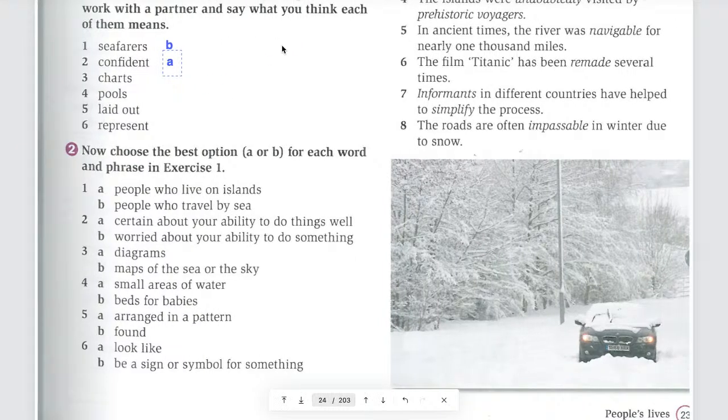Alright, now number 3, charts. Read that. A, diagrams. B, maps of the sea or the sky. So A or B? B, maps of the sea or the sky. So 3B.